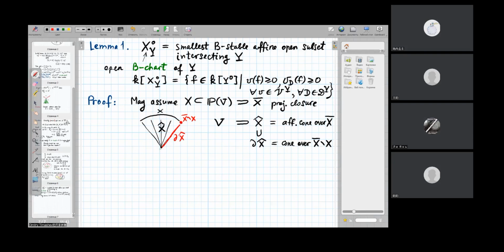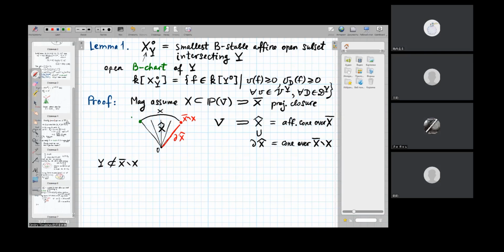Let me put the origin of the vector space V here. Now, since my closed orbit Y is closed in X, not in X bar, but since my orbit Y sits in X, it is not contained in the boundary X bar minus X. So let me draw the orbit Y in the picture here.